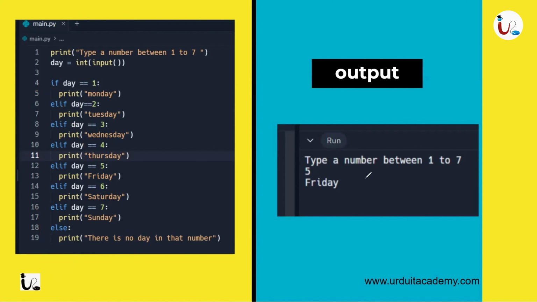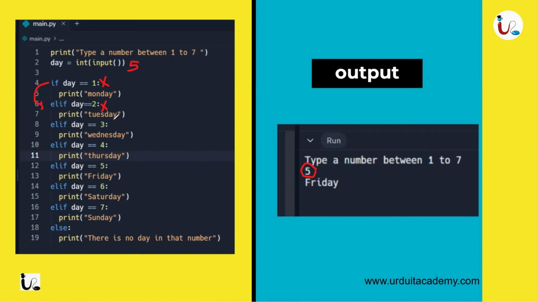Okay. Now here you can see in this output, the user has entered the number 5. So what happens if the user has entered the number 5? The 5 will be stored inside the variable day. So the value of the variable day is now 5, which means the computer will check the first condition. If day equal to 1, it's wrong. So the computer will directly check the next condition in the elif block, day equal to 2, which is also wrong.